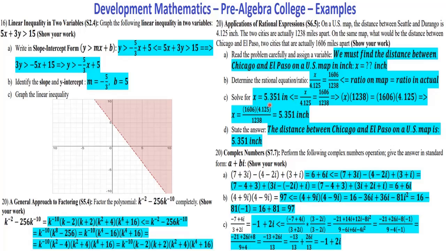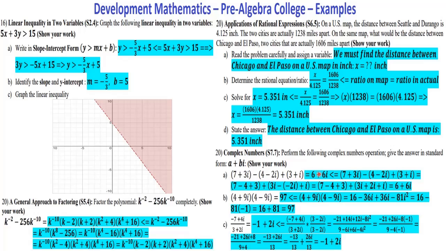So you solve this for x. X equals 5.351 inches. So this is the distance between Chicago and El Paso on a map. On a map, yes. So this is in inches.